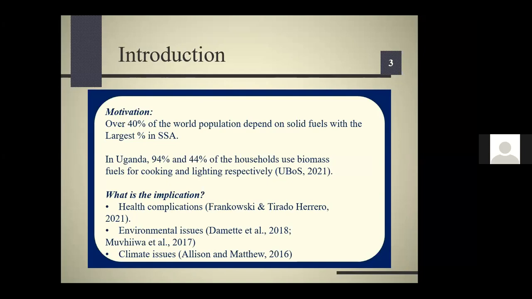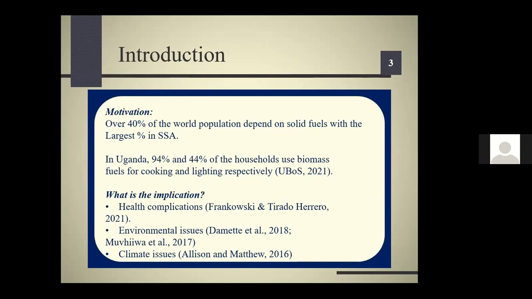World over, there is growing evidence that a significant percentage of the population today still meets their household needs using unclean fuel sources. In fact, recent studies put it at 40% worldwide. 40% of the world's population depends on unclean fuel sources, especially to meet their household needs.